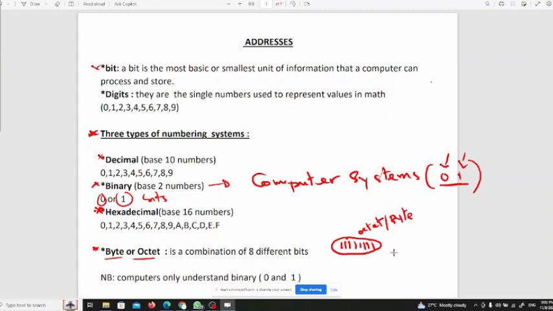We can have another combination like this, for instance 1 0 1 1 0 0 0 0. This is also 8 bits, and this combination of 8 bits we call a byte or an octet. Are we okay? So I said that computers only understand binary, which is made of 0 and 1, and 0 and 1 are called bits. I hope it is clear.